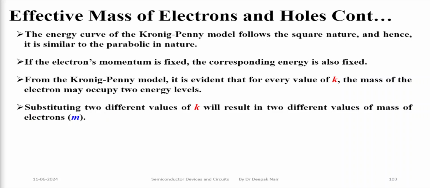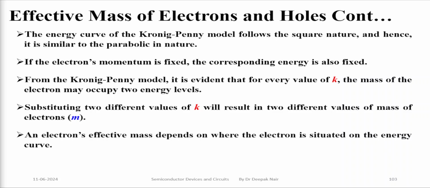So depending on the position of the electron, whether it is in the valence band or in the conduction band, the value of mass or effective mass may differ. Last point, an electron's effective mass depends on where these electrons are situated in the energy curve. So the energy curve is something like this.